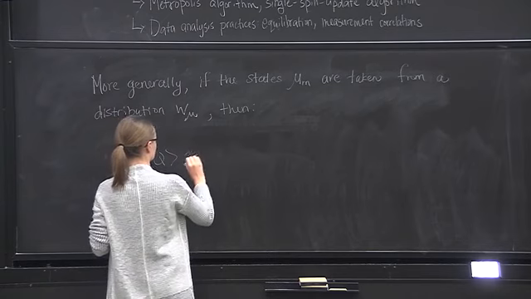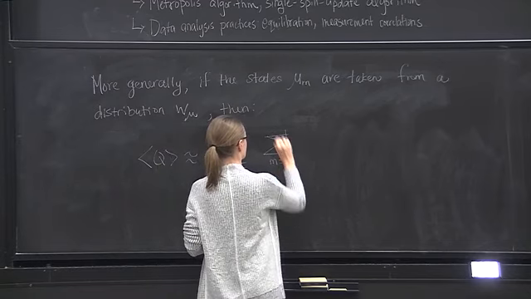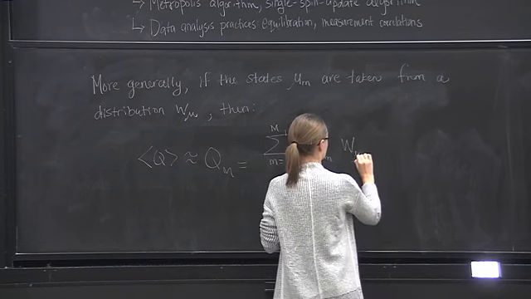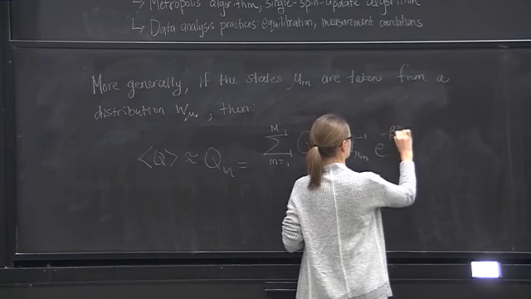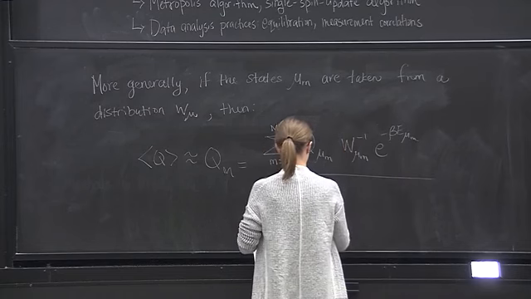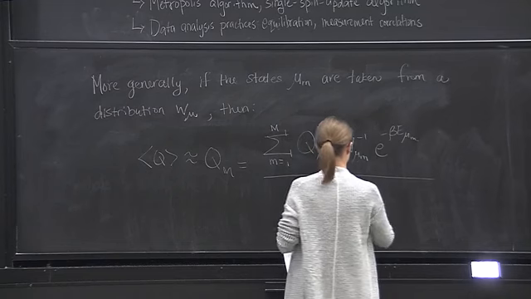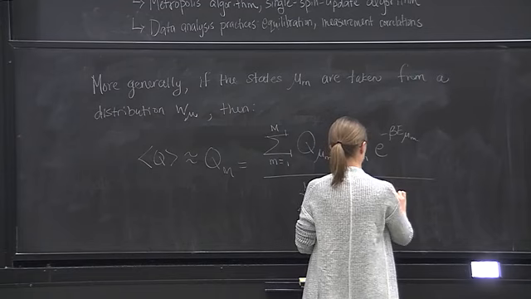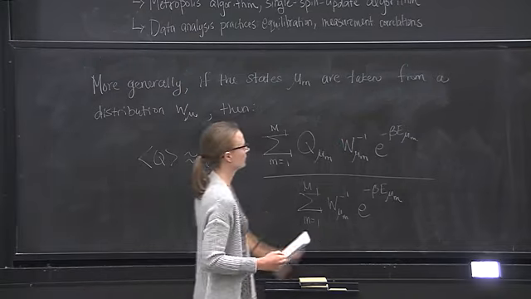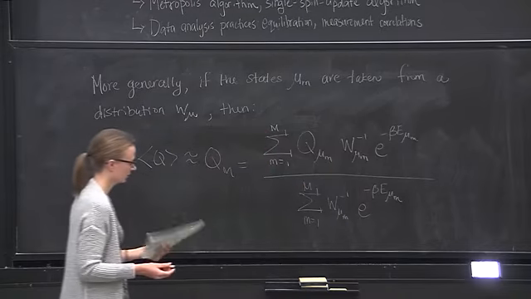So then I have to insert these factors of the inverse of my probability distribution when I do these sums, in order to account for the fact that I'm biasing towards choosing those by changing my distribution.